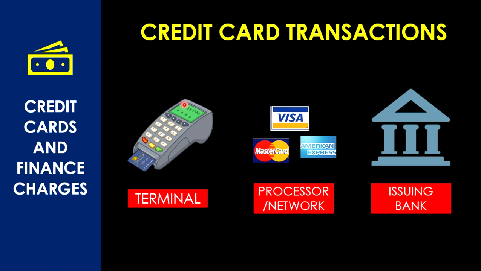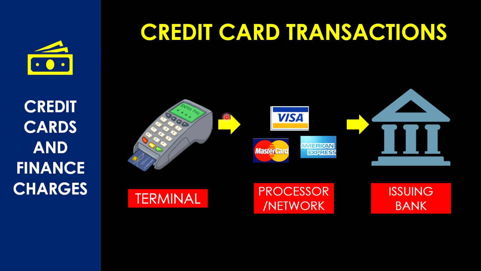Every store has a machine, a terminal, wherein they swipe or insert the card, and then the transaction goes to Visa, Mastercard, or American Express, the processor or network. Then that processor will deliver it to the issuing bank, and the issuing bank will verify.